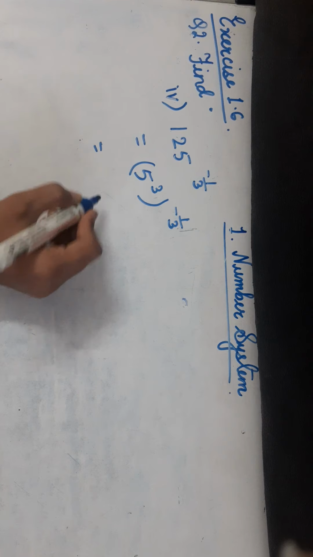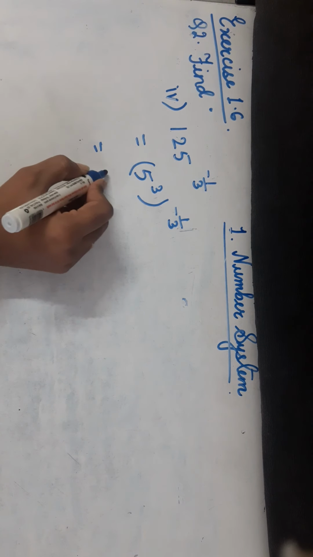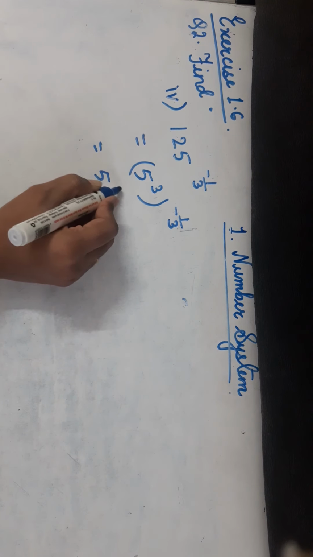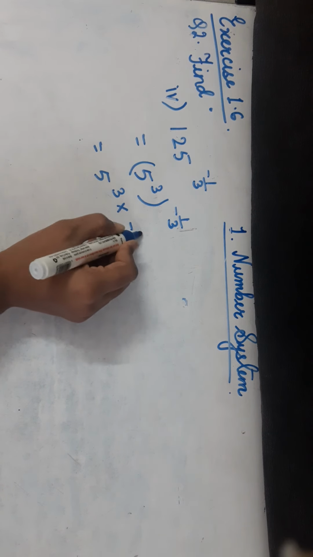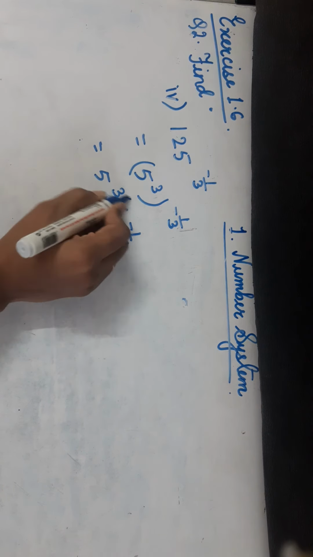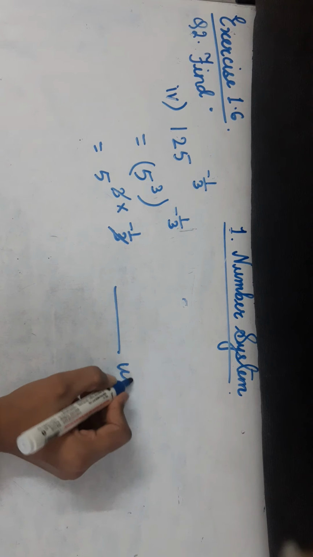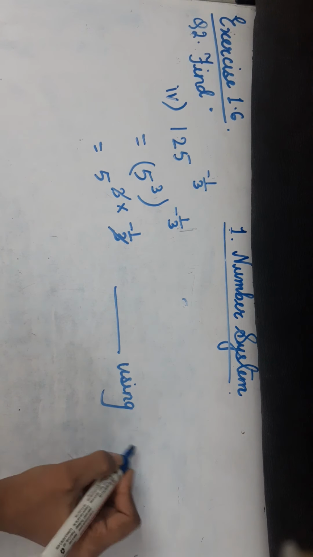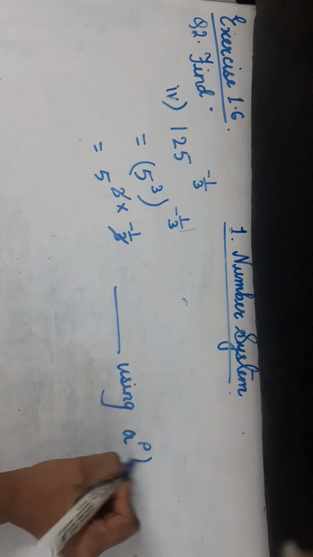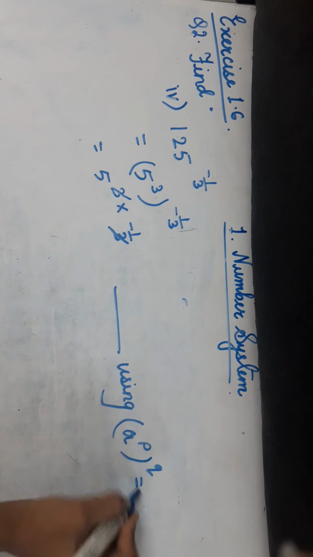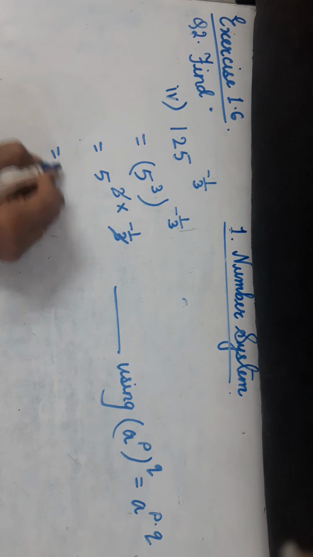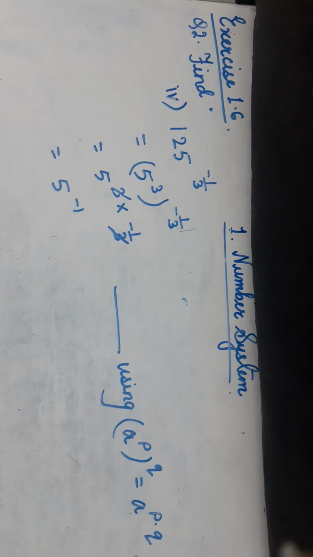So now again using the law of exponent, we can write it as 5 raised to 3 into minus 1 by 3. So 3 gets cancelled. We have done it using which law? A raised to p whole raised to q is equal to a raised to p into q. So what remains? 5 raised to minus 1.